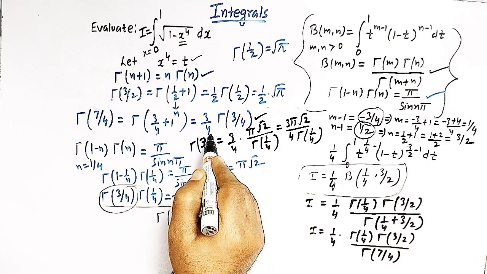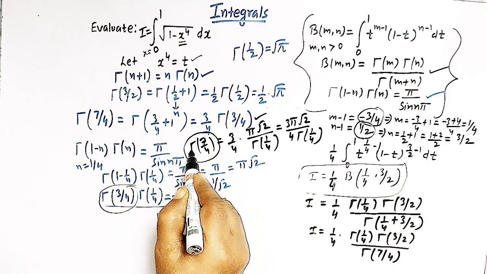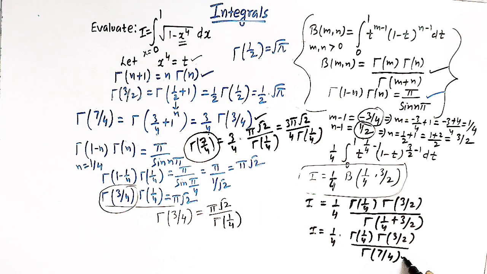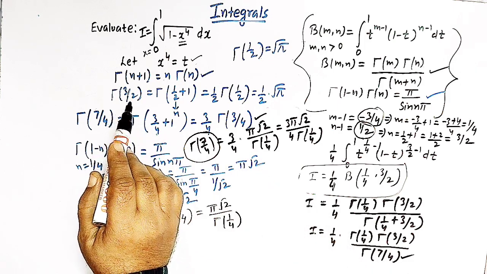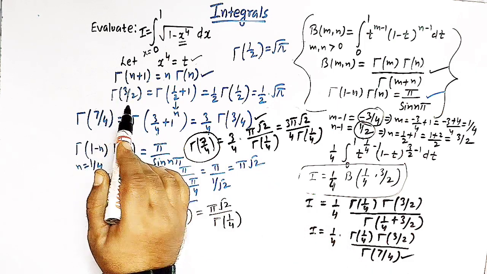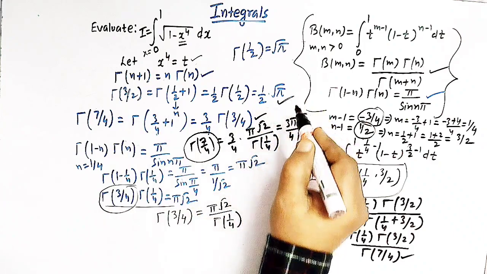So now let us substitute the value of gamma 7 over 4 in this relation, and then we'll also substitute the value of gamma 3 by 2, that is half root pi.